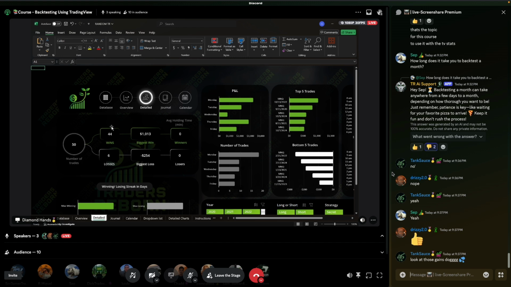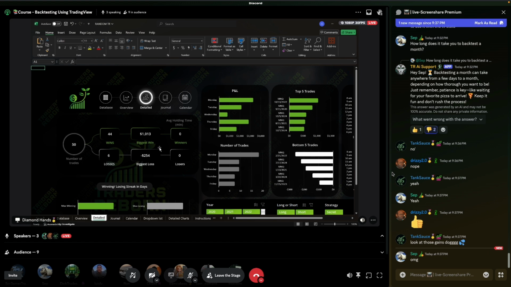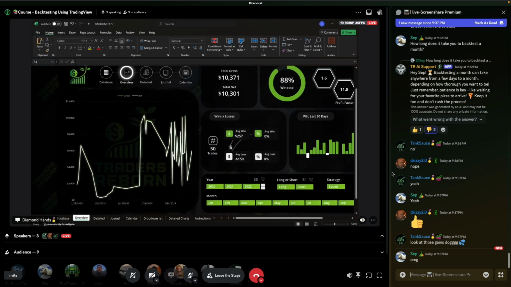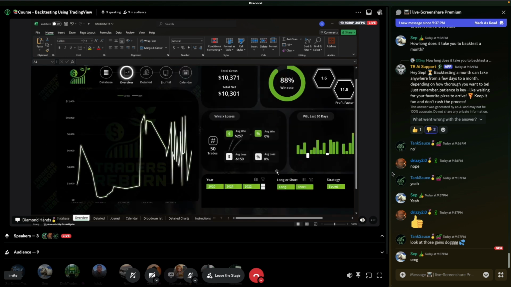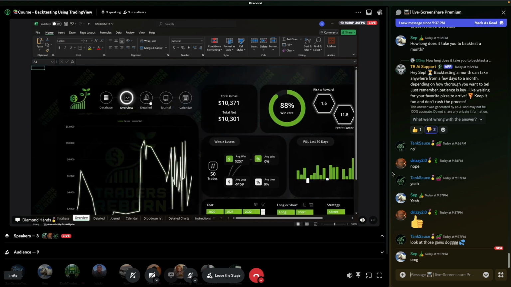But I had 44 wins, 6 losses. Biggest win, $1,000. Biggest loss is negative 254. I'll give you an overview, right? Also my 88% win rate. My risk to reward is 1.6. Profit factor is 11.8 so far.